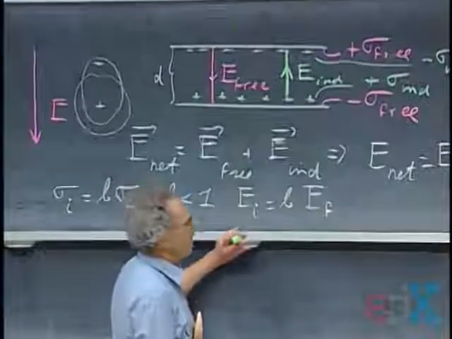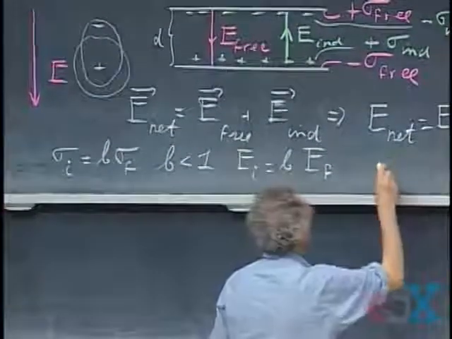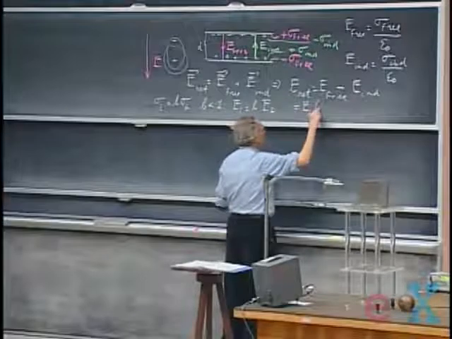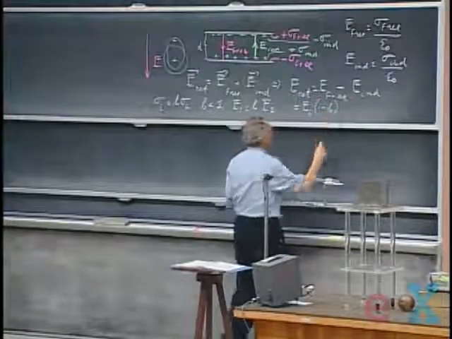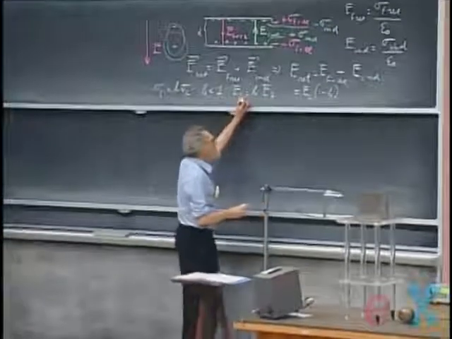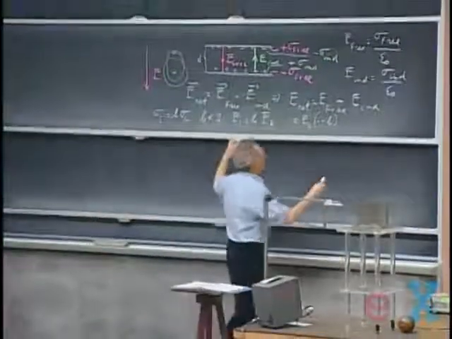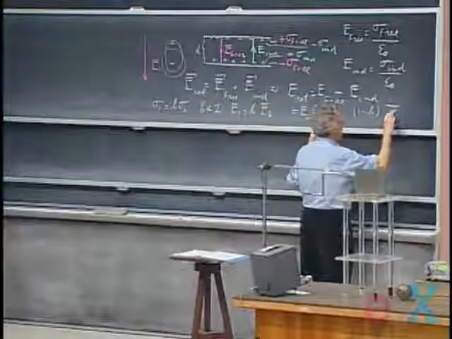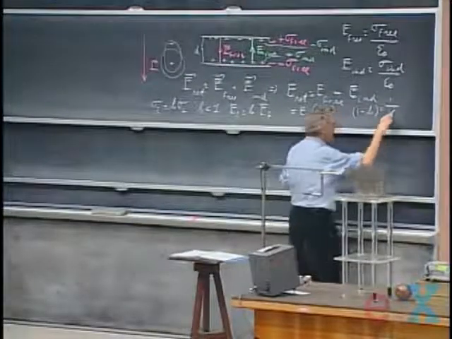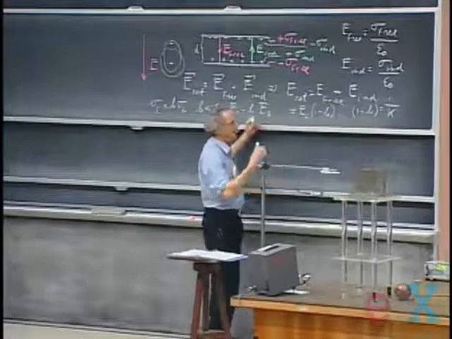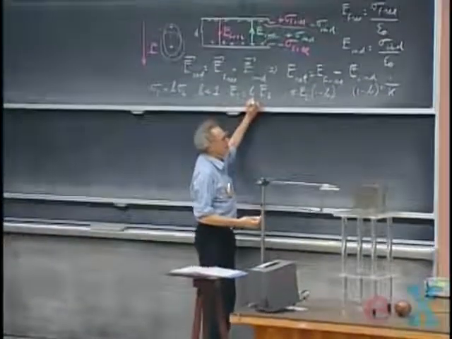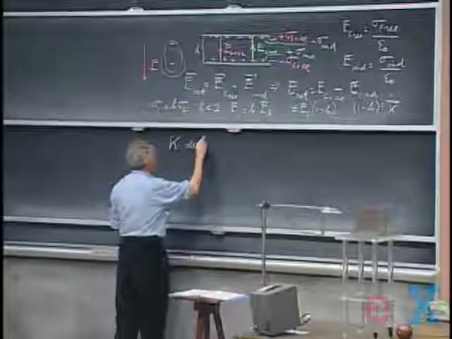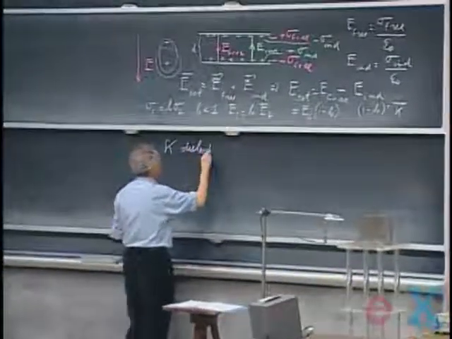And so now I can write down for E net, I can also write down E free times 1 minus B. And that 1 minus B now we call 1 over kappa. I call it 1 over kappa. Our book calls it 1 over K. But I'm so used to kappa that I decided to still hold on to kappa. And that K, or that kappa, whichever you want to call it, is called the dielectric constant.